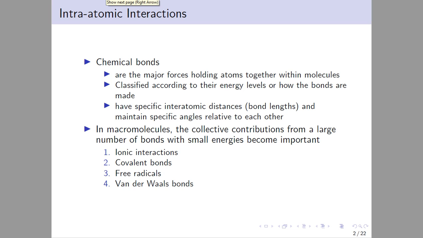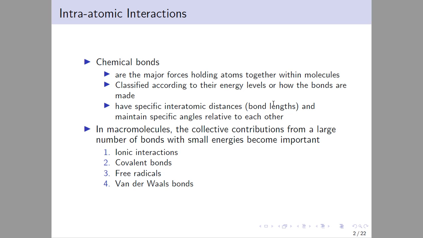So we have that classification, and the chemical bond has, as in the previous lecture, a specific interatomic distance, the bond length, and also maintains a specific angle relative to each other. So it will not be at any angle, but a specific angle. And in macromolecules, the collective contribution from a large number of bonds with small energy becomes very important.